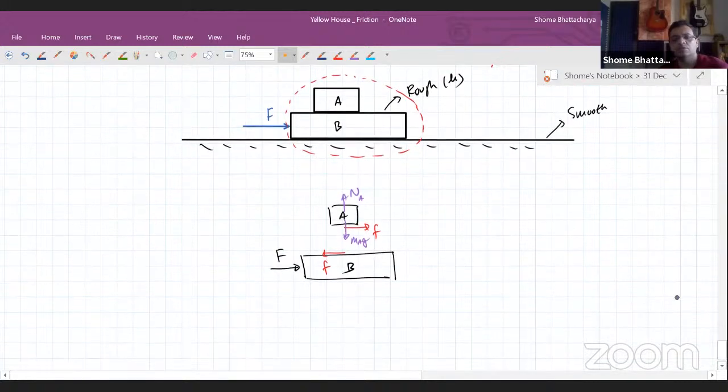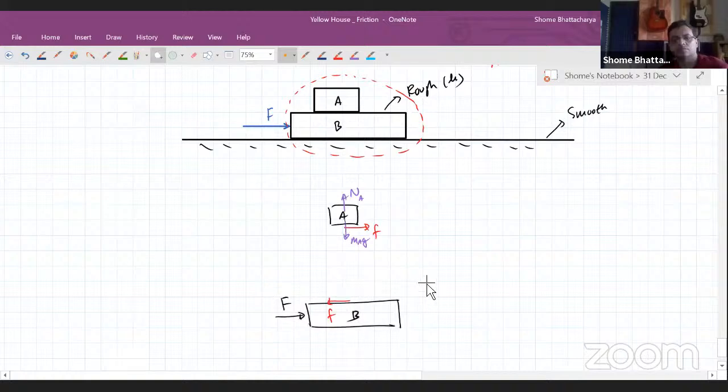Normal reaction acts on B also. So A is applying a downward normal reaction on B like this. Of course, B has its own weight. The ground is applying an upward normal reaction on B. And most importantly, both are having the common acceleration of 2 meters per second square given to us.